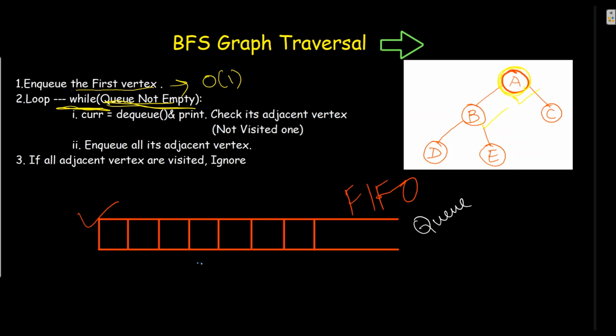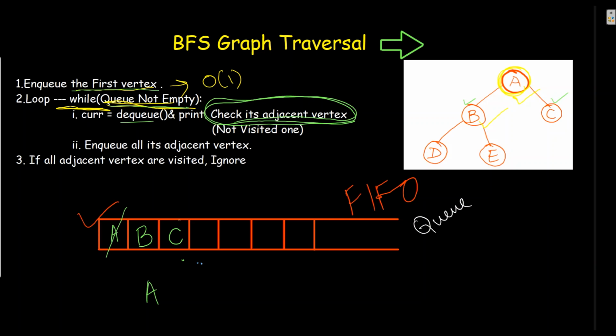When we push the first vertex, A comes into the queue, then it checks whether the queue is empty or not. Then it pops out the first vertex and checks its adjacent vertices which are not visited. So A has B and C, and B and C get pushed into the queue.